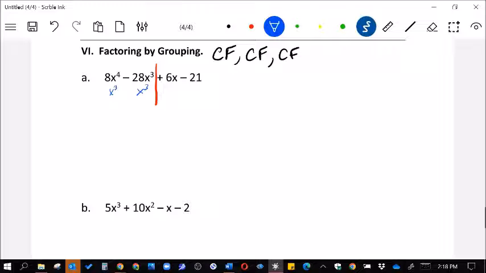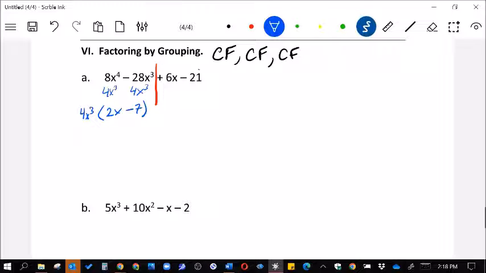I couldn't do that for the whole thing because the 21 doesn't have an x, so that's why I'm splitting it up. And then 8 and 28, looks like 4 can go into both of those. So if I divide by that and put it out here as the common factor, I get 2x minus 4 goes into 2 7 times minus 7.